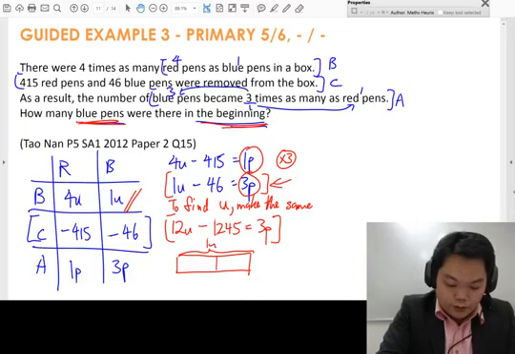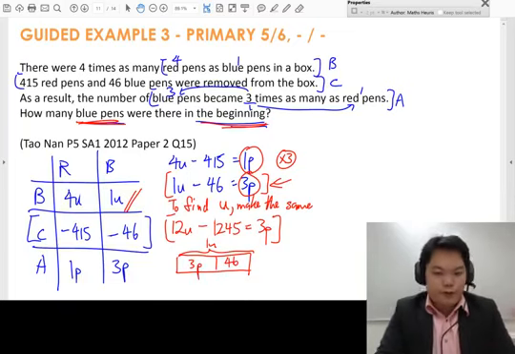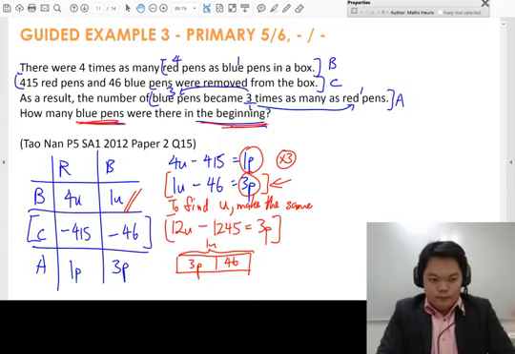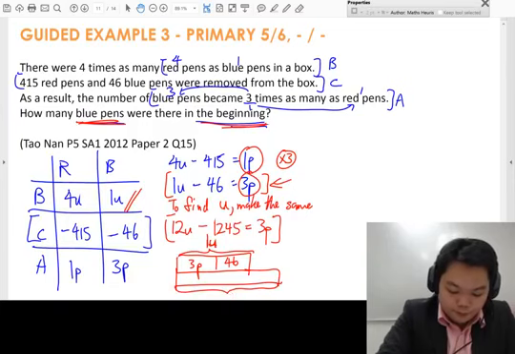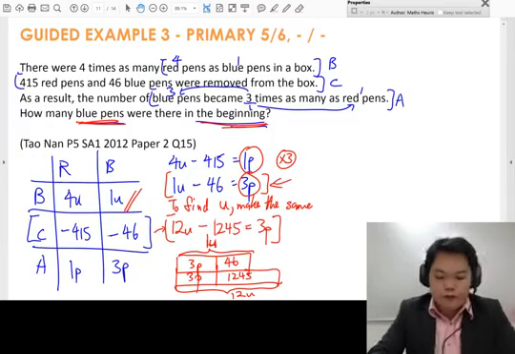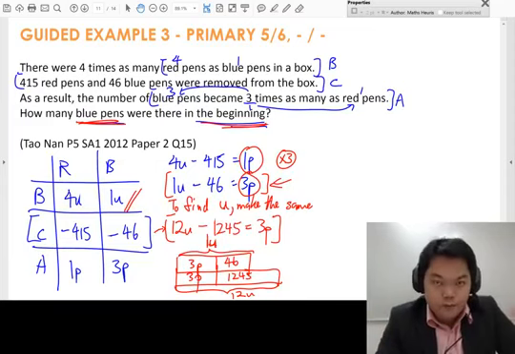Your whole bar is 1 unit, you take away 46, and now you are left with 3 parts. Next one, you draw out the entire bar, 12 units, take away 1245. That will leave you with the same 3 parts.